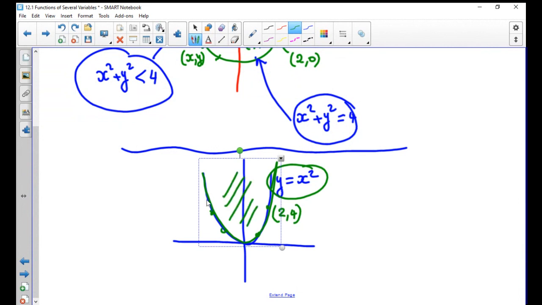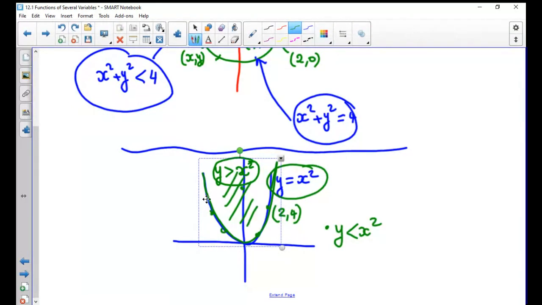Inside the parabola, if you take a point, y will always be greater than x squared. And if you take any point outside this parabola, y will always be less than x squared.